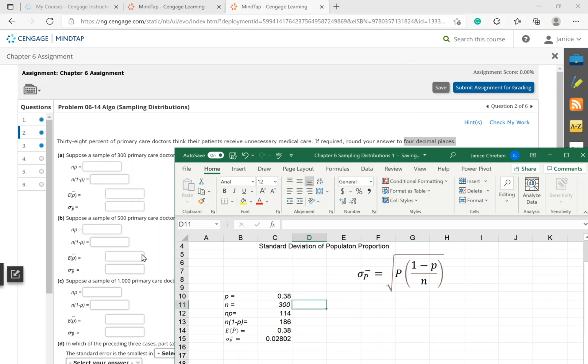Okay, then it asked me, suppose there were 500 primary care doctors. So I still have the 0.38 for my P because it's 38% of 500. So I will work this exactly the same.